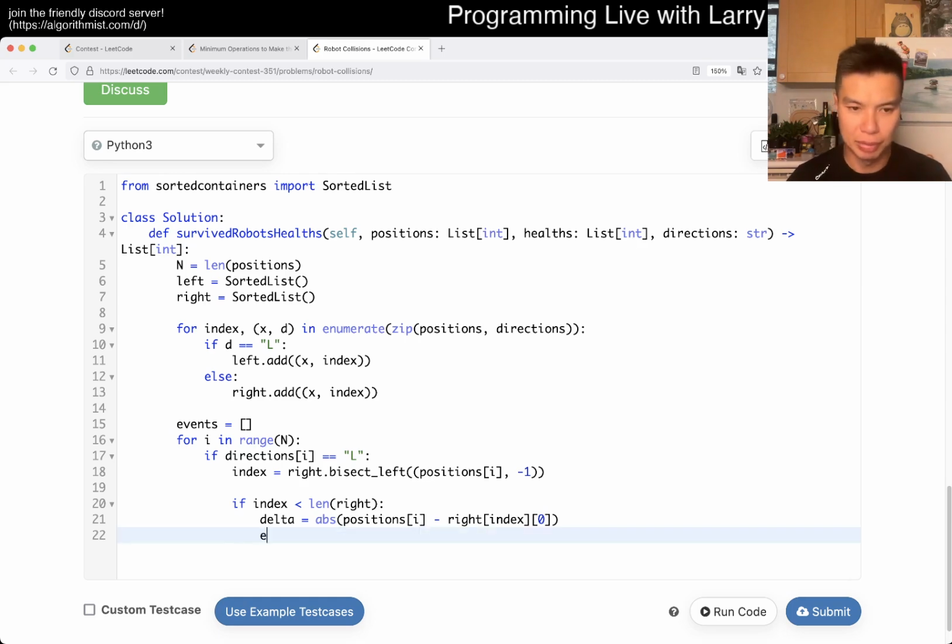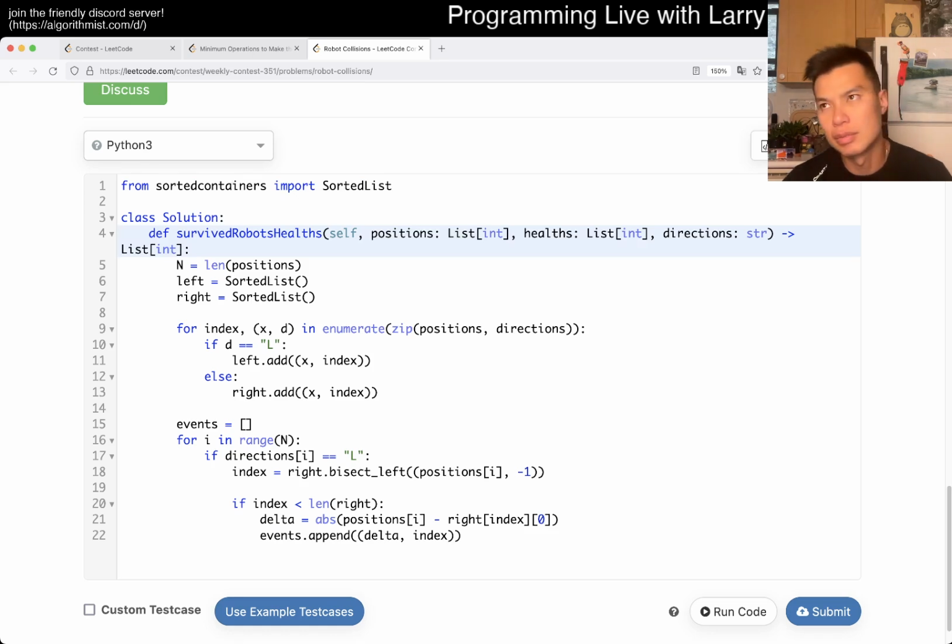I guess I could just heapify everything later. Delta is the big one, and then index. Is index enough? Yeah, I guess so. Yeah, it should be okay.